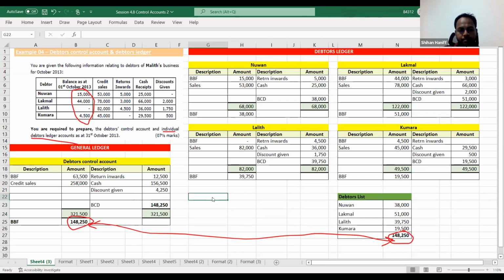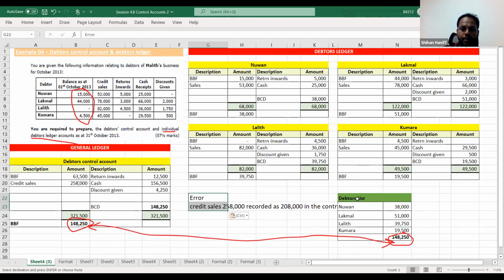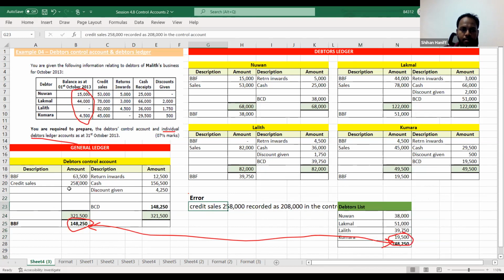assume some errors. Error 1. The error is credit sales 258,000 recorded as 208,000 in the control account.